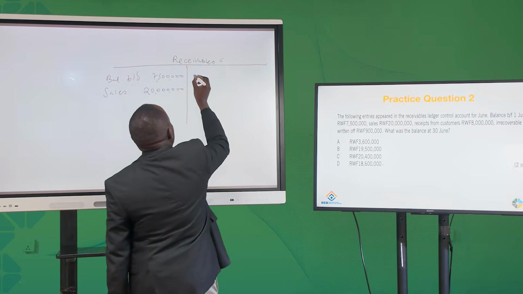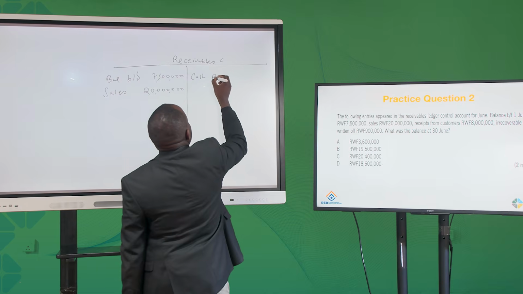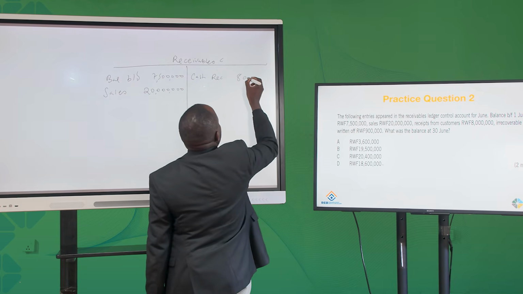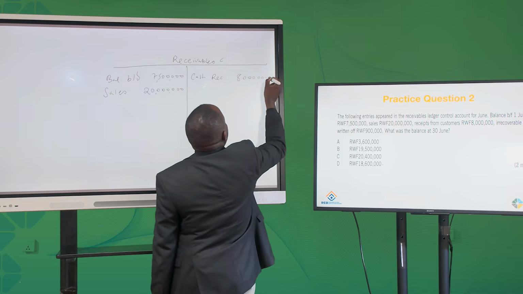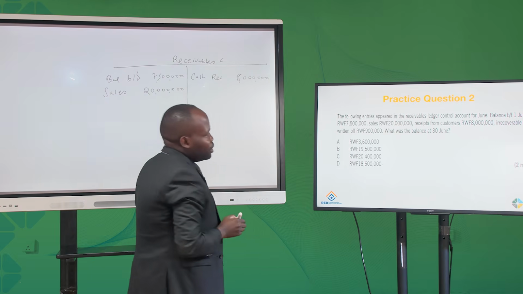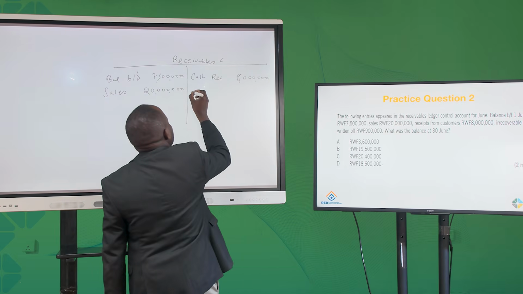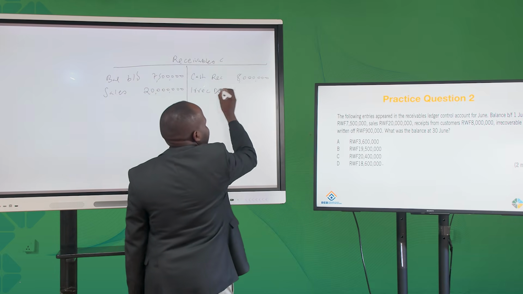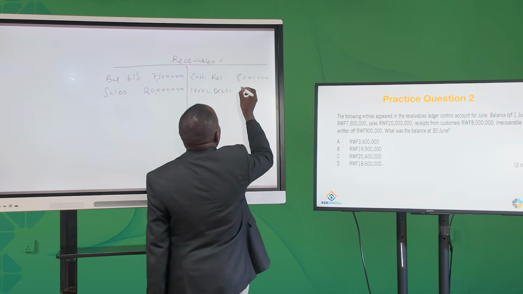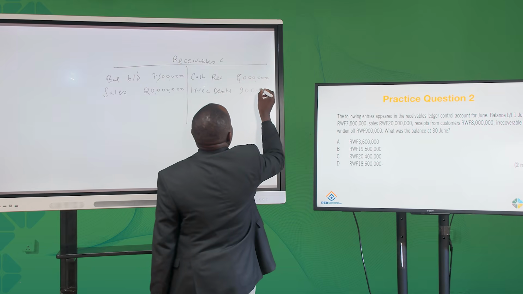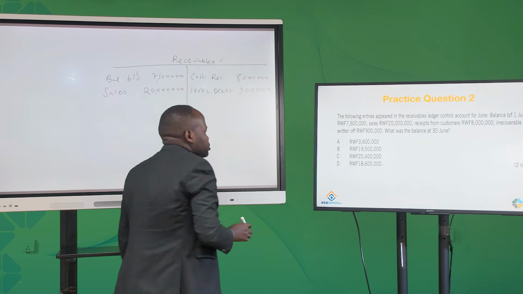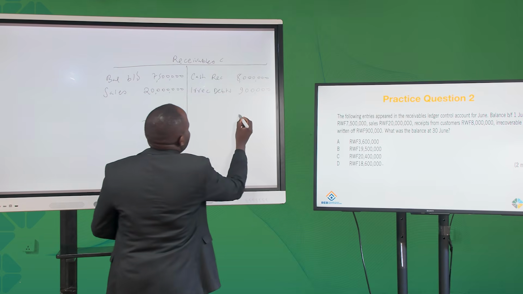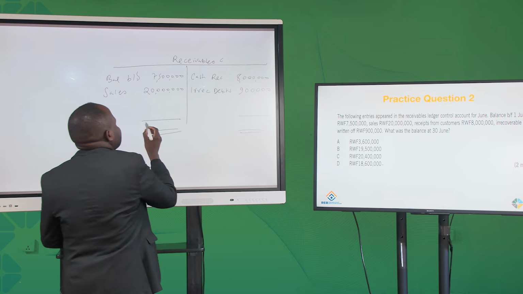Receipts from the customers, cash received, was 8 million. Irrecoverable debts written off was 900,000. So you are being asked, what is the balance on the last day?